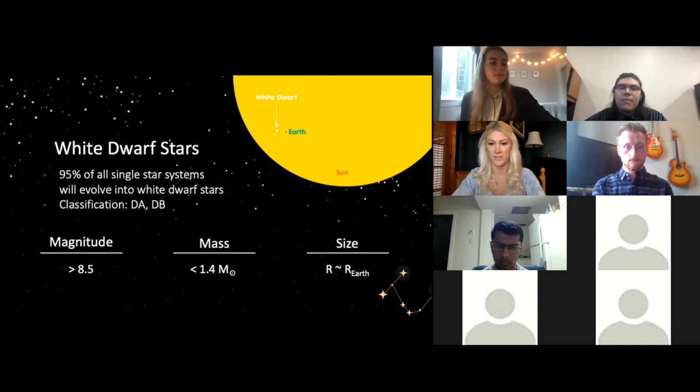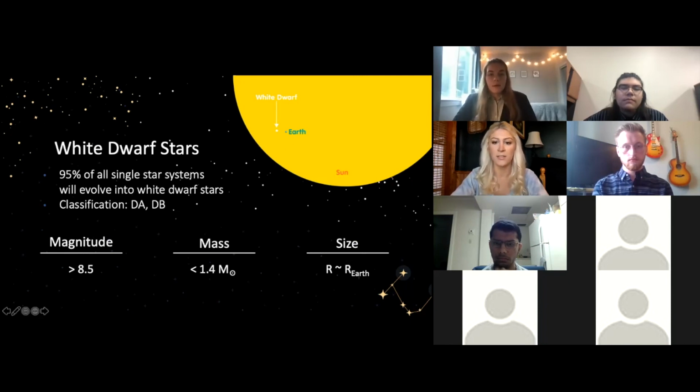So these stars are very, very dim. They have a mass limit of about 1.4 times the mass of the sun, also known as the Chandrasekhar limit, and they have a size about that of Earth. You can see on the schematic how tiny a little white dwarf is, with about 1.5 times the mass of the sun squeezed into that tiny little volume.